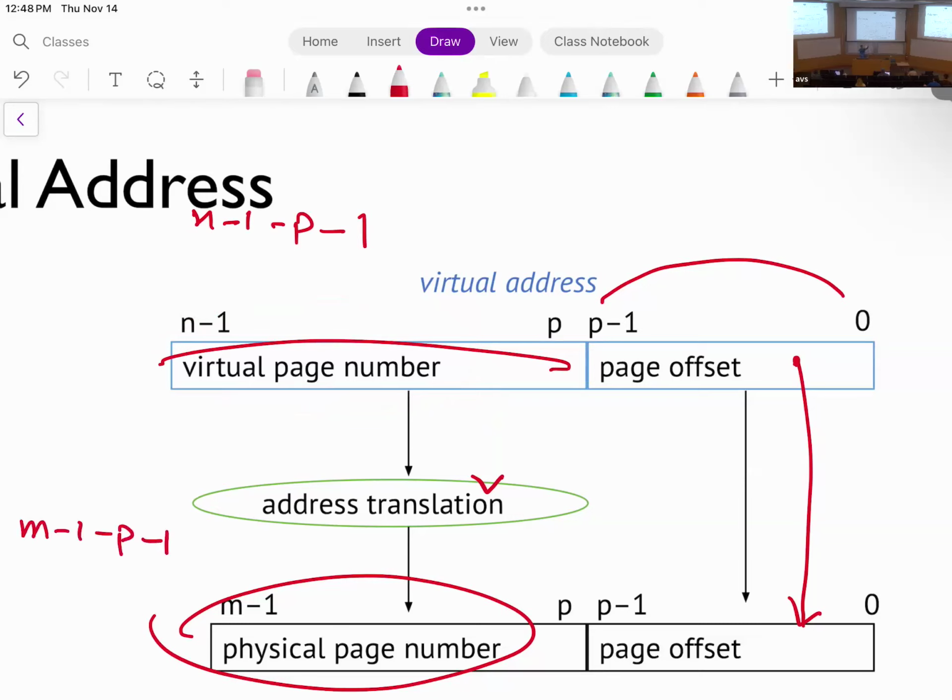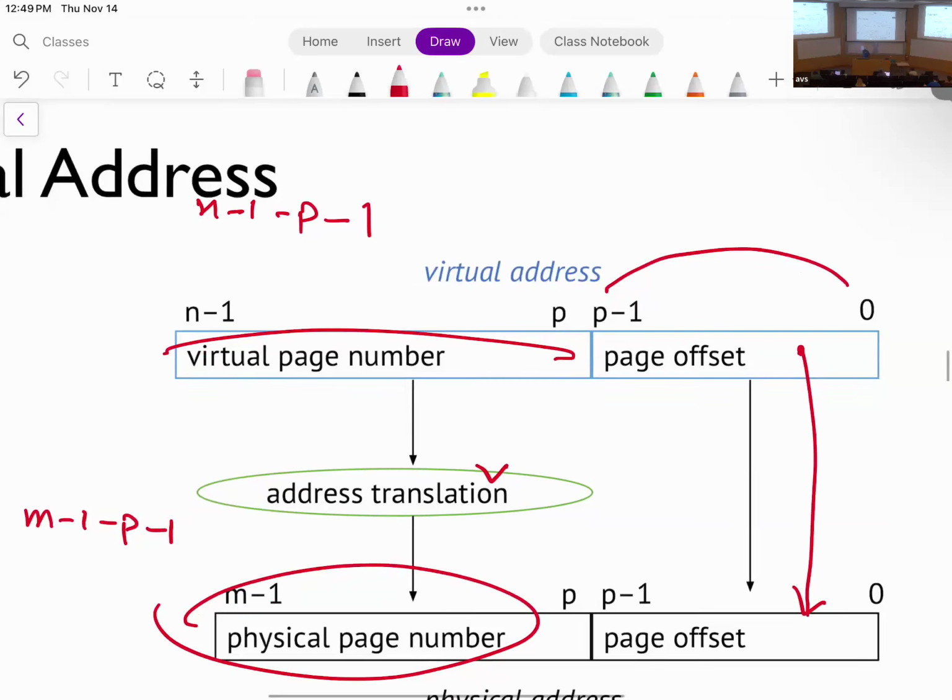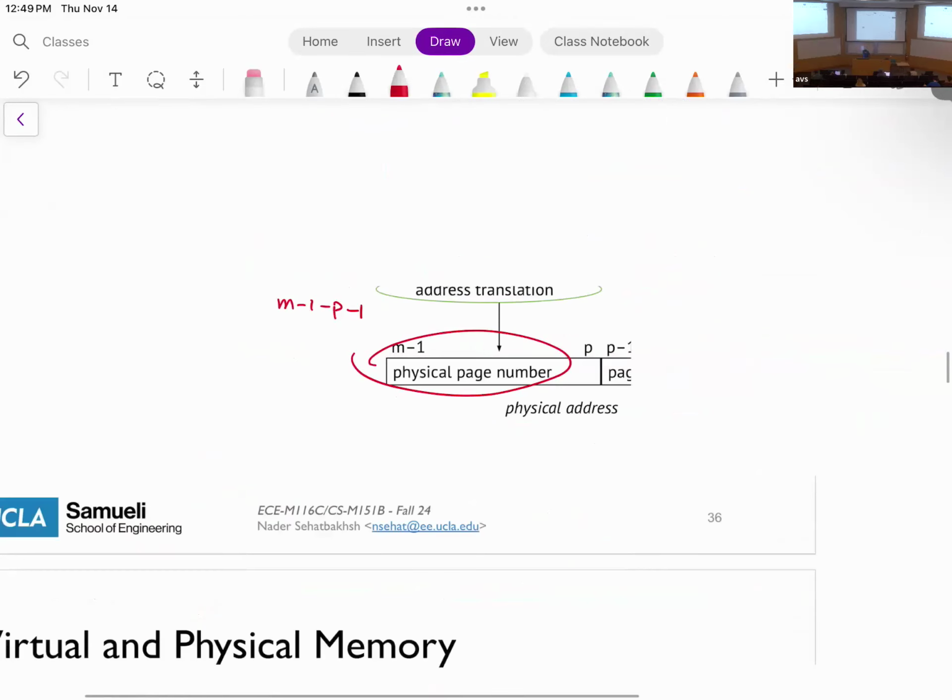So essentially, I'm getting a larger number and translating it into a smaller number, right? That's why there might be multiple pages that technically could be mapped into the same page. That's why the operating system doesn't allow that to happen. That's why they don't allocate pages unless you need them. Okay? So this is basically what happens with the address translation.